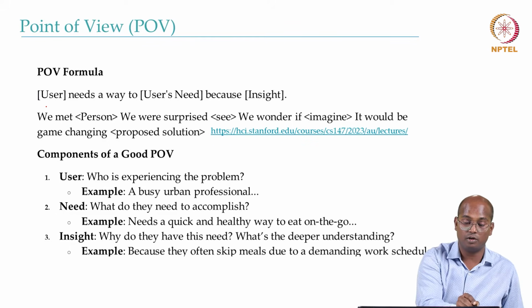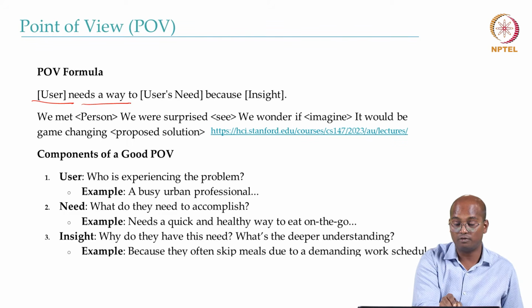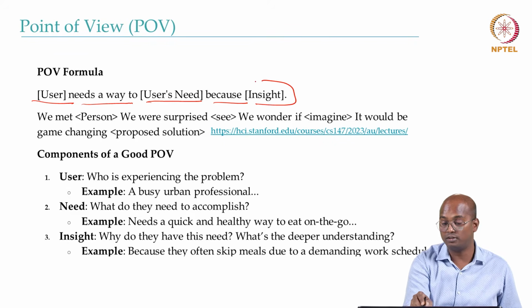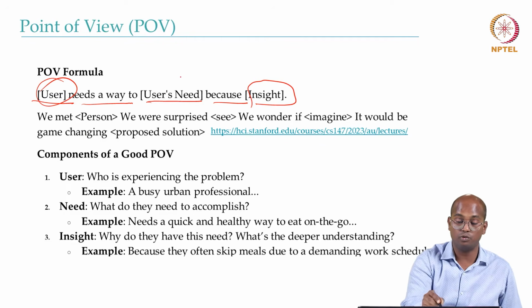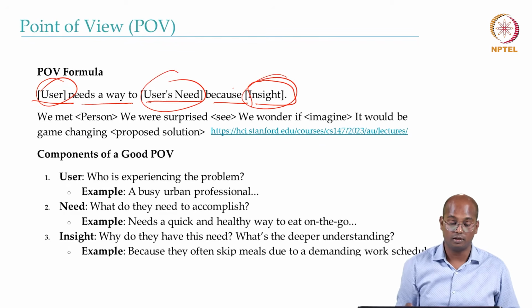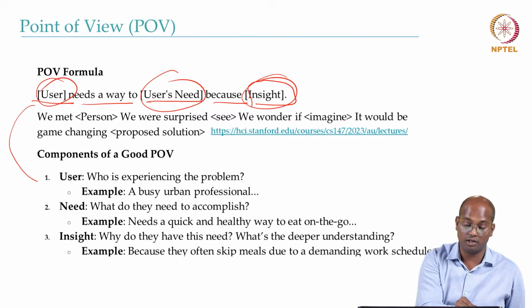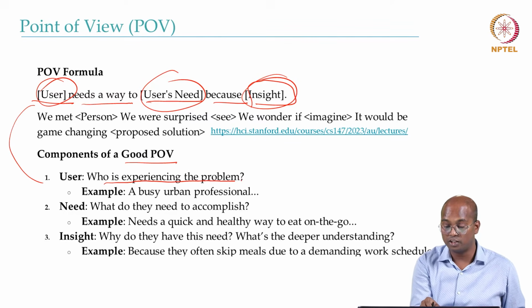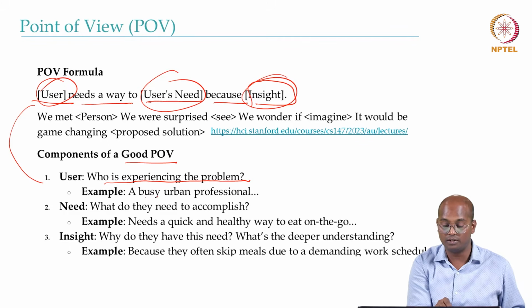So one formula for formulating POV is: user needs a way to, what the user needs, because there is some insight. So the key thing here is user, needs, and insight. So one example you can see here, the components of a good POV: who is experiencing the problem? A busy urban professional, for example.